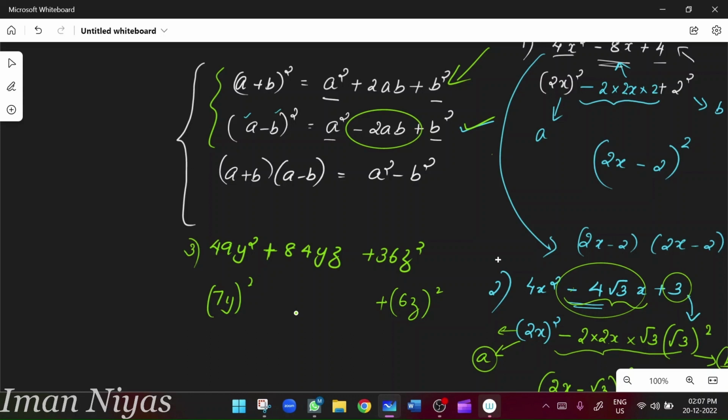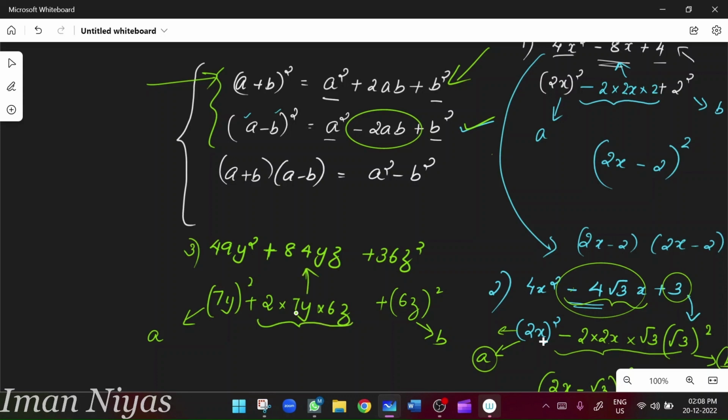So obviously it will go with the first identity, a plus b the whole square, right? So you already got what is a and what is b. So a plus b the whole square, the second term is plus 2ab. So plus 2 into a is 7y and b is 6z. You have to check whether this multiplied together, you will get 84yz.